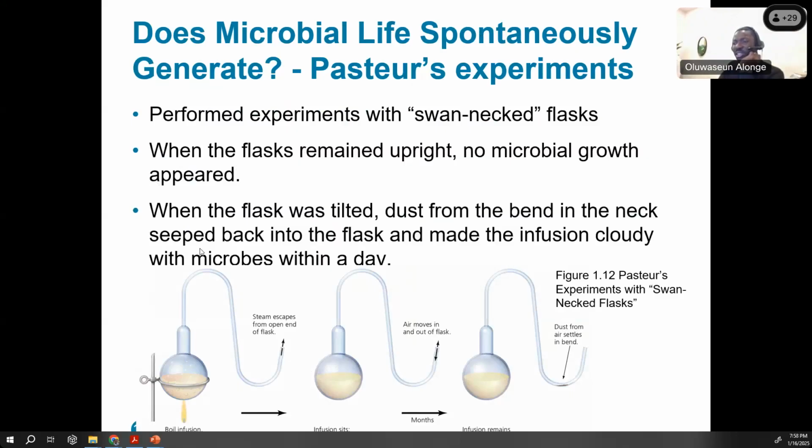He realized that when the necks of the flask were tilted just the way they were tilted, there was no microbial growth. So he performed the experiment with a swan neck, and when the neck remained upright, there was no microbial growth that appeared.